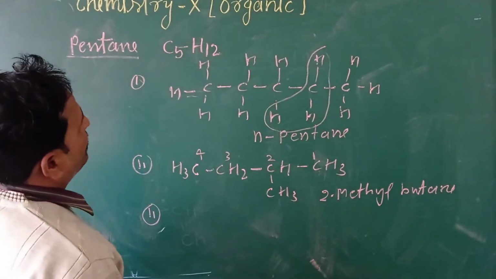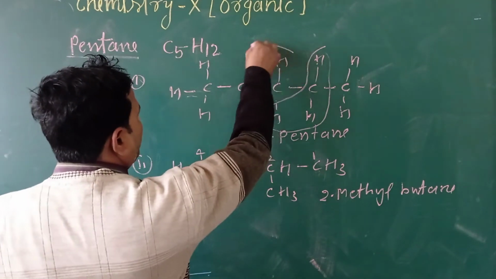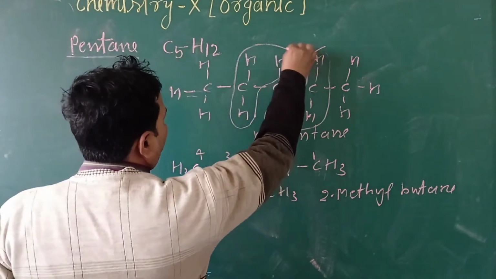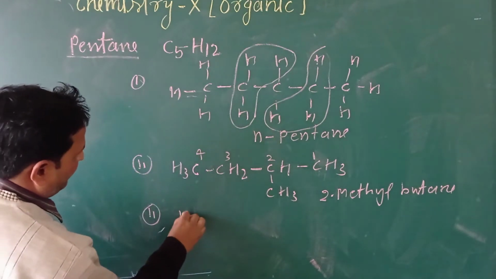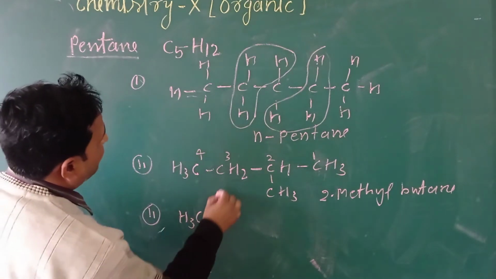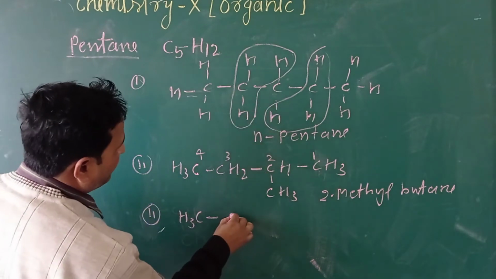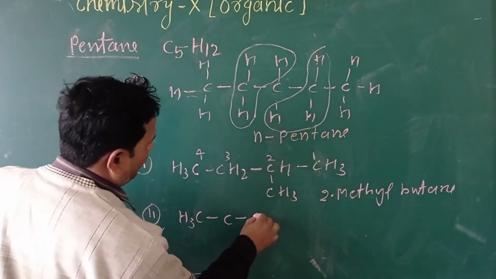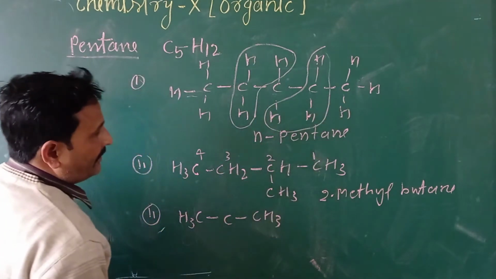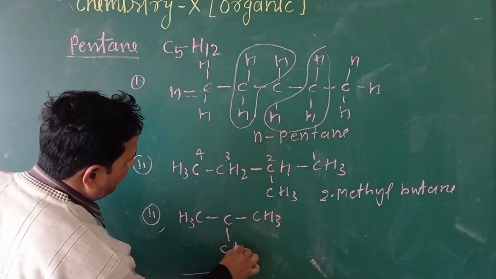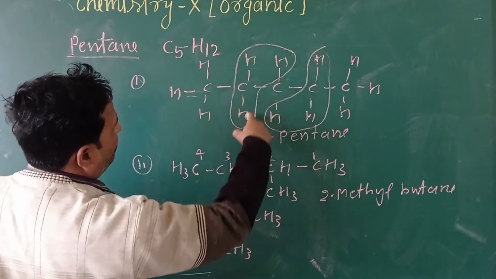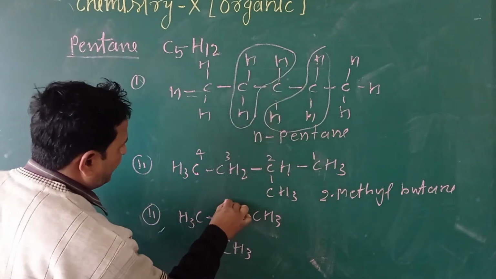Now the third one. I am going to remove this one, this hydrogen and carbon. This carbon is removed. Now H3C, this carbon remaining, and this CH3 remaining. Now this CH3 is already attached here, and this other CH3 we attach here.